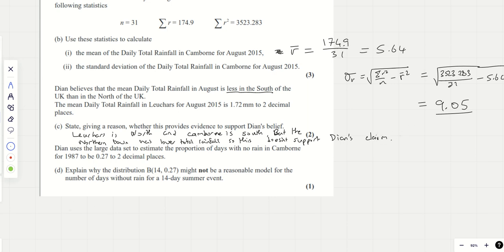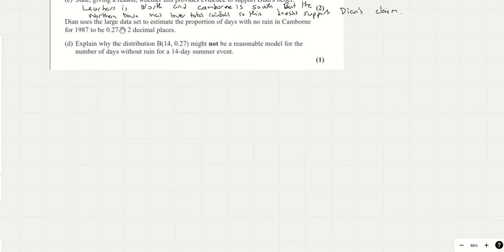Okay, last bit. Deanne uses a large data set to estimate the proportion of days with no rain in Camborne for 1987 to be 0.27 to 2 decimal places. Explain why the distribution binomial 14, 0.27 might not be a reasonable model for the number of days without rain for a 14-day summer event.